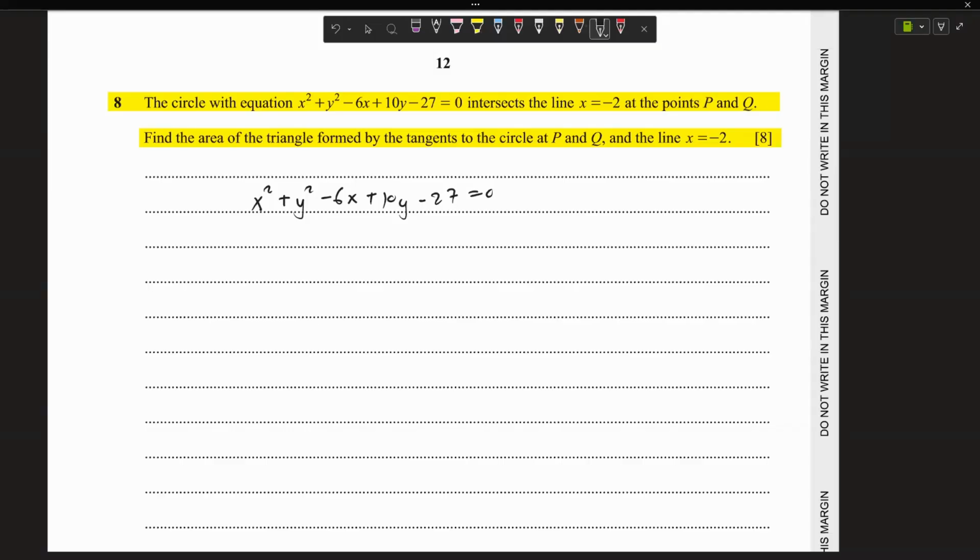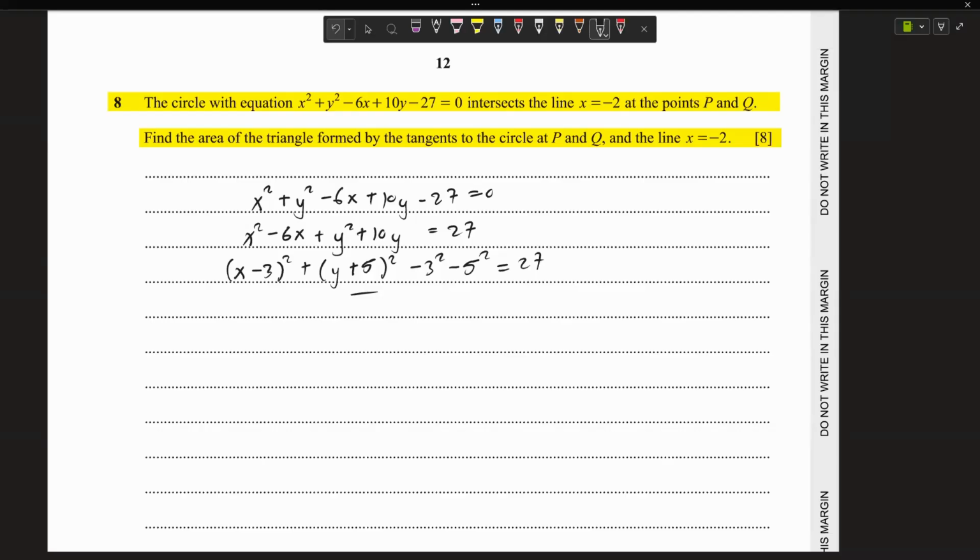So we'll have x squared minus 6x, regrouping, plus y squared plus 10y equals 27. So that's going to be x minus 3 squared plus y plus 5 squared. For this, we'll say minus 3 squared, and for this, we'll say minus 5 squared, equals 27.